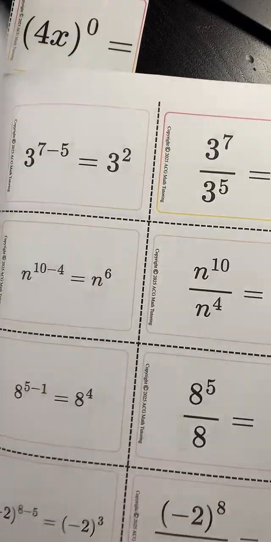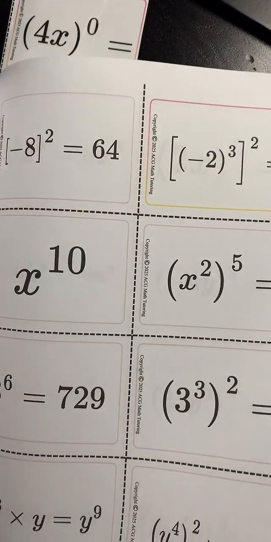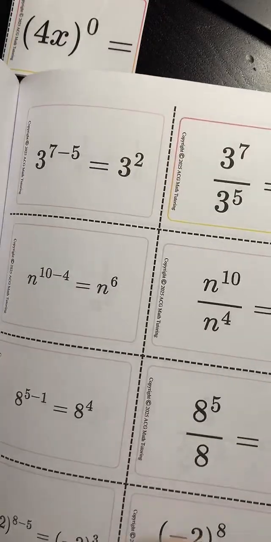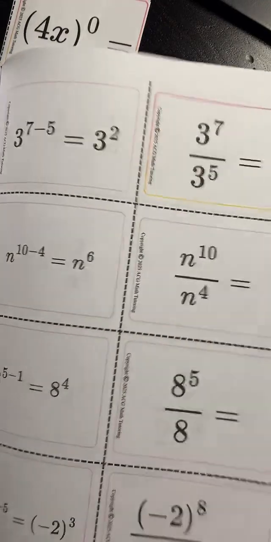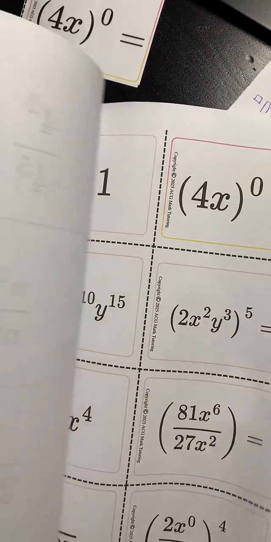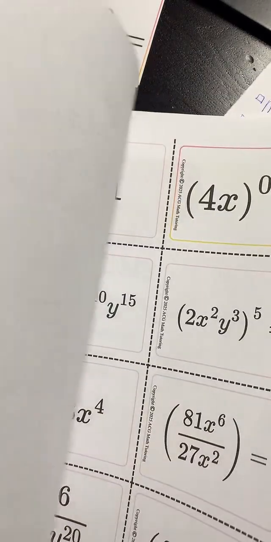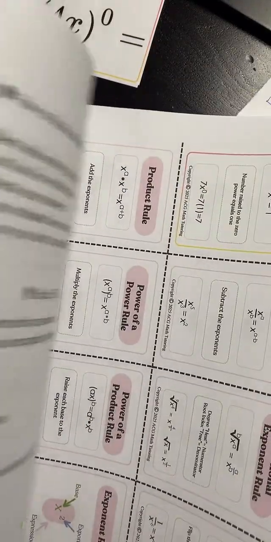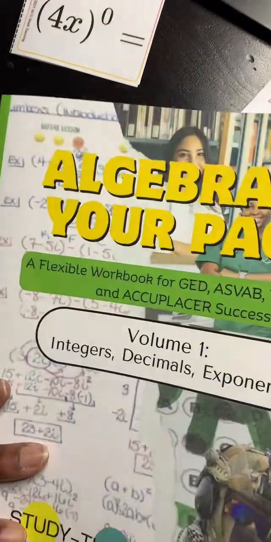Okay, so notice you generally get 4 cards on one page. That's 3. This is 4. Can't turn pages with one hand. That's 5. That's 6. Oh, this looks familiar because we just did that. All right, so 6 pages, 6 times 4, 24 different cards that you can use.